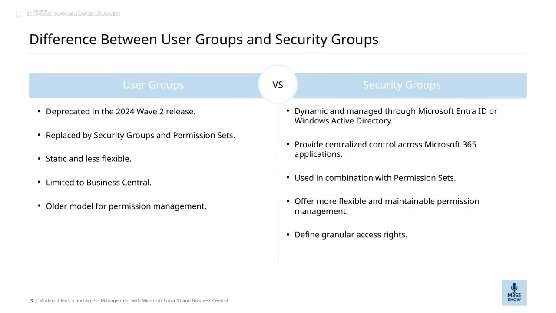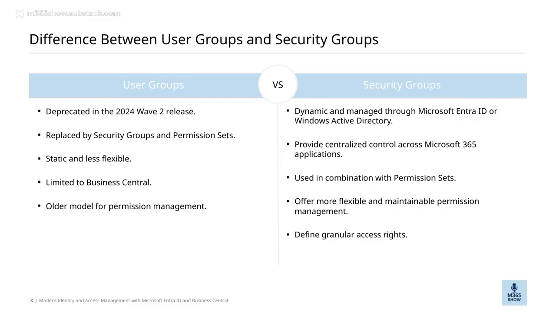All right, let's dive into the difference between user groups and security groups. First, when we talk about user groups, we're referring to a modern approach to managing access that is dynamic and managed through Microsoft Entra ID or Windows Active Directory. This means the groups can automatically update based on user attributes, making management much easier and more efficient.